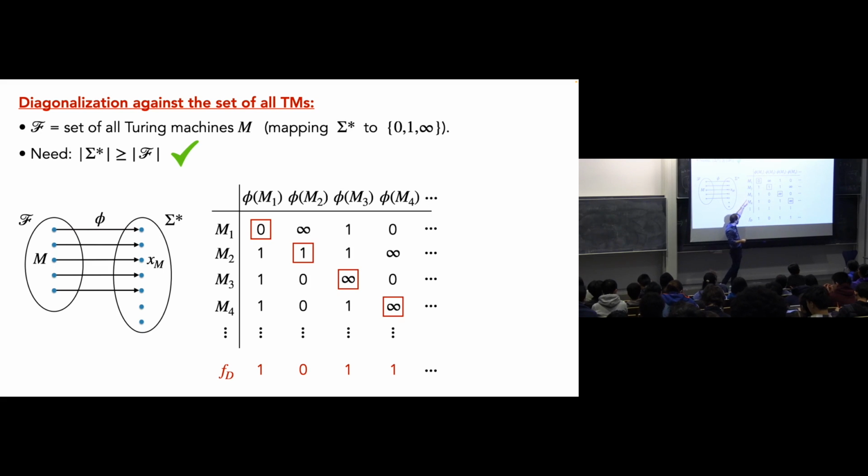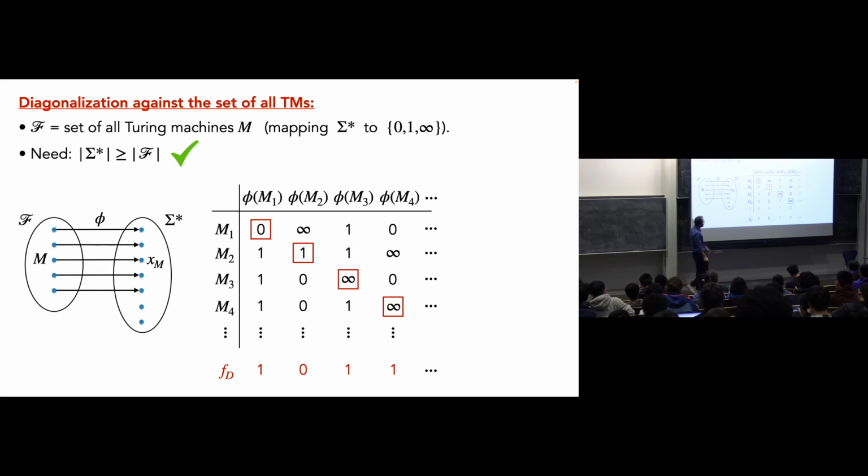This is the set of all Turing machines, listed out. And here are phi of M1, phi of M2, and so on. Now the table is a bit different. It's not just 0, 1, but you can also have infinity. So M1 on the input phi of M1 rejects, that's a 0. M1 on the input phi of M2 goes into an infinite loop, so that's infinity. M1 on the input phi of M3 accepts, that's a 1, and so on. So you fill it out like this.